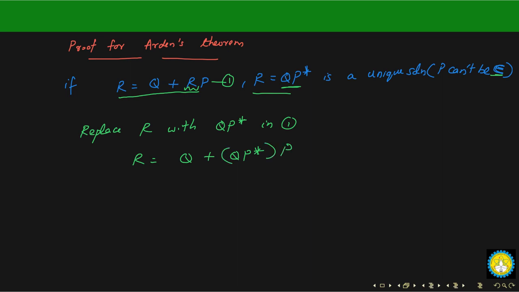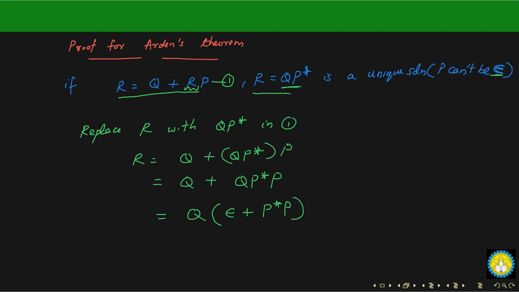Now if you concatenate this, you'll get Q plus QP star into P. And now you can take Q outside, and it becomes Q into epsilon plus P star into P.